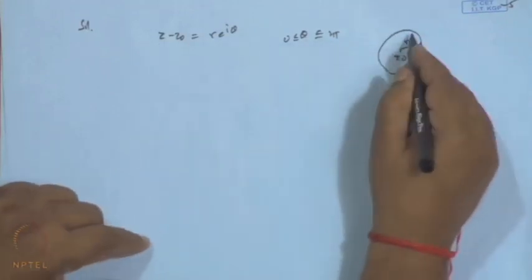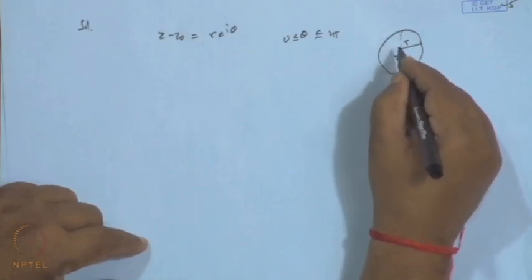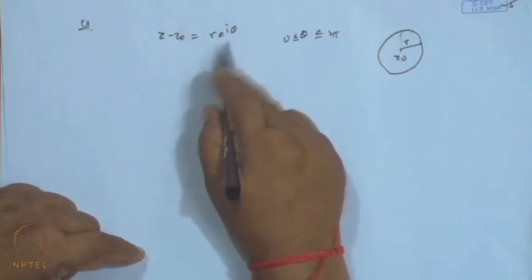So, any arbitrary point z, if I take it, can be written as z naught plus r e to the power i theta.